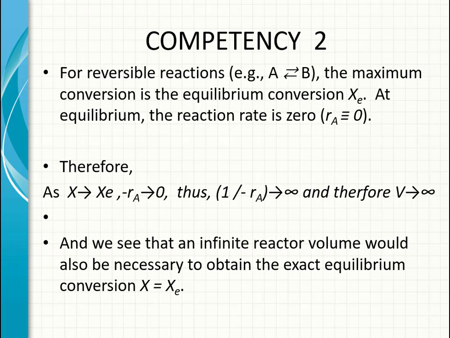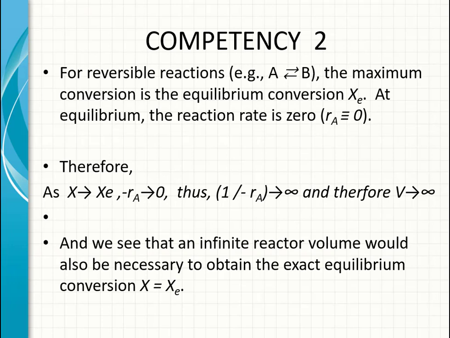Therefore, as X approaches Xe, the conversion at equilibrium, then -Ra tends to 0, and then 1 divided by -Ra tends to infinity, and therefore the volume tends to infinity.